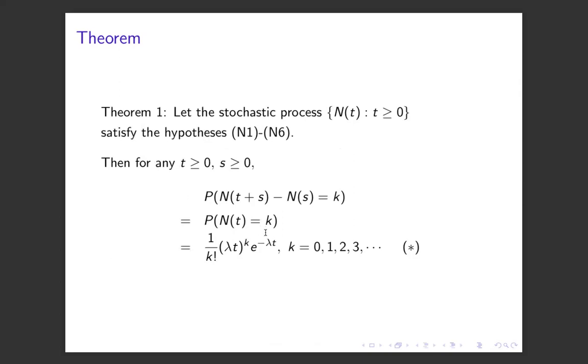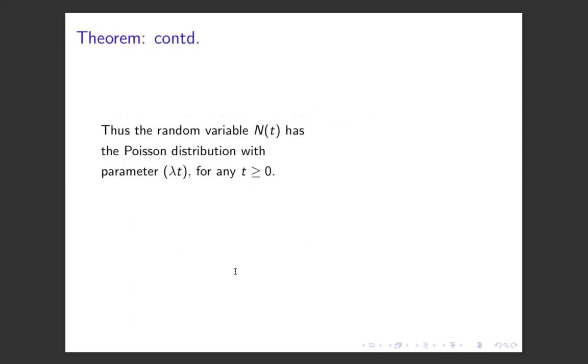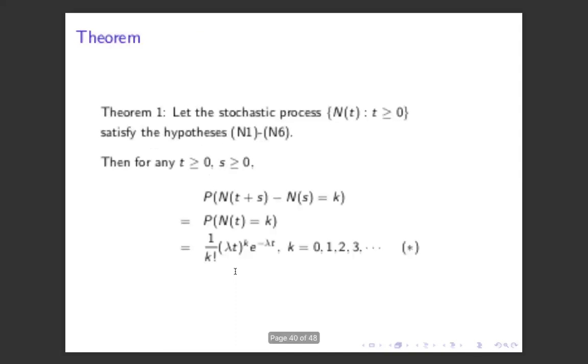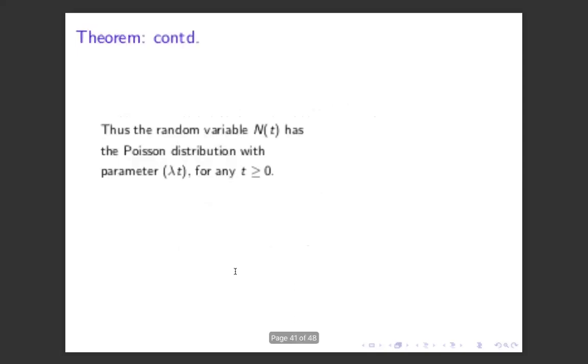Now you see the right hand side is an object that you will recognize immediately. It is the probability mass function of the Poisson distribution with parameter lambda t. So the random variable Nt, for every t greater than 0, has the Poisson distribution with parameter lambda t.